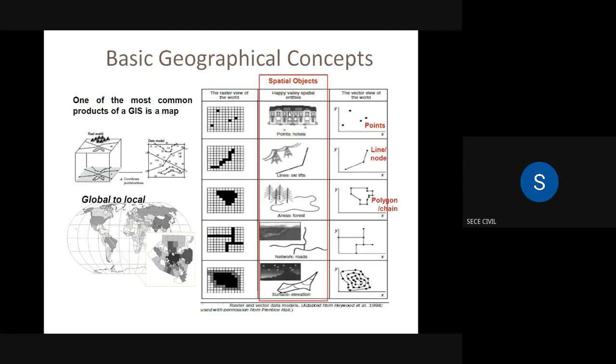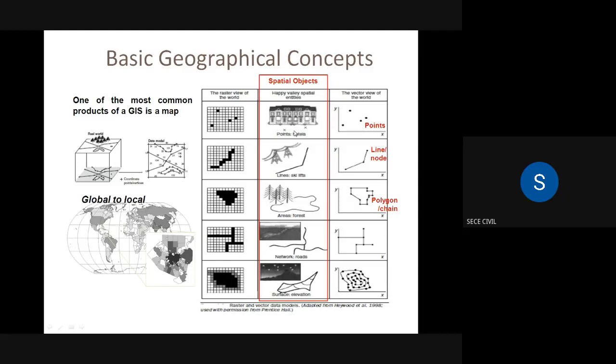The raster view is in grid form. Vector is in points. This image shows how the raster view and the vector view look. Points of the hotels is a spatial object.